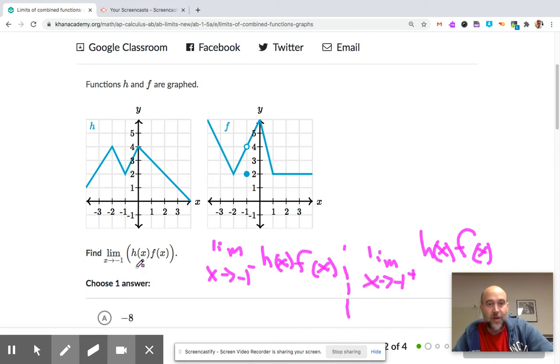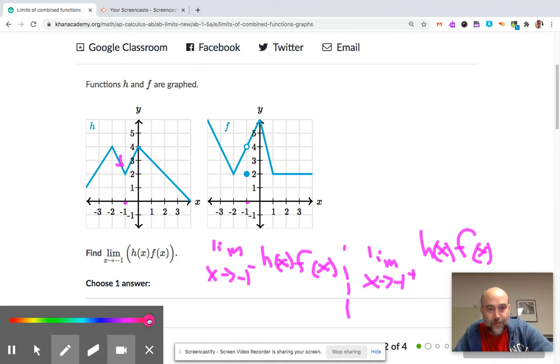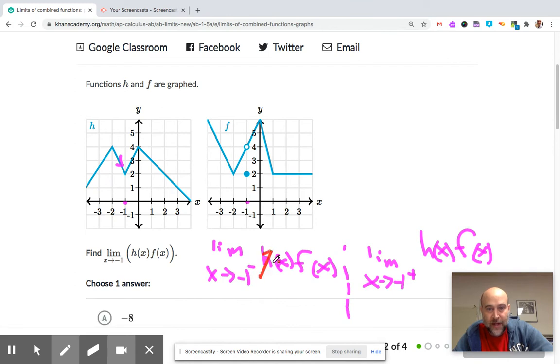Okay, so looking at the left side at -1. Sometimes it's nice just to mark out what we're doing. Left side, -1 is 2 for h of x, so that goes to 2.